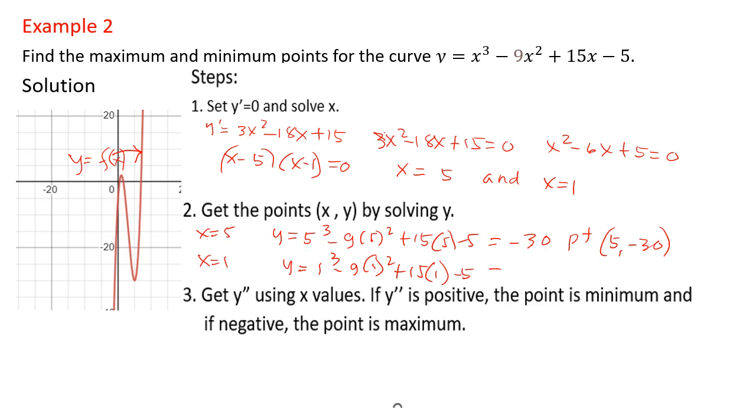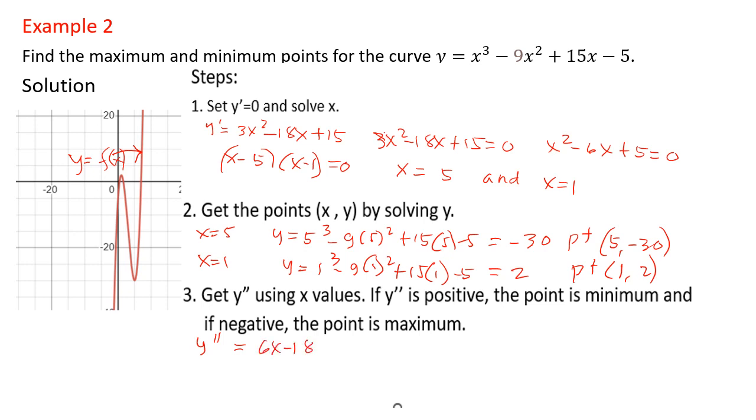So this one is equivalent to 2. So your point is 1, 2. To check whether this one is maximum or minimum, get y double prime. So y double prime equals 6x minus 18.